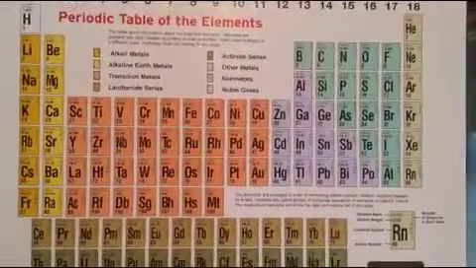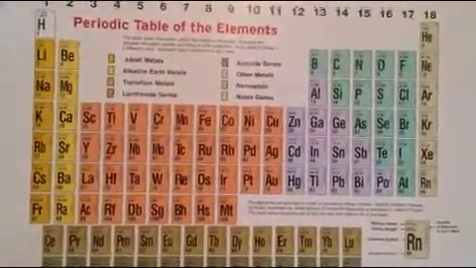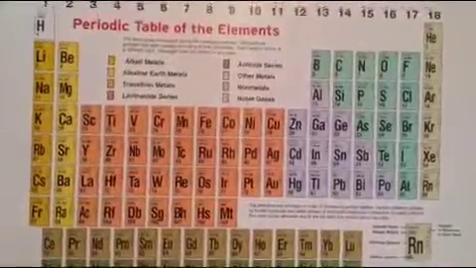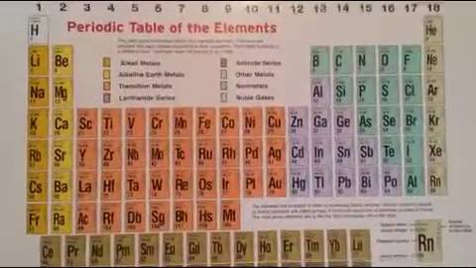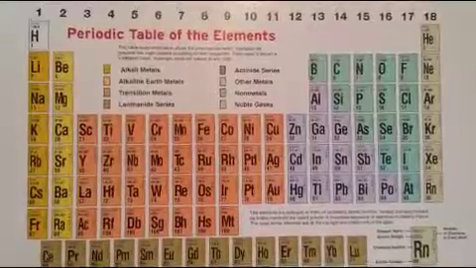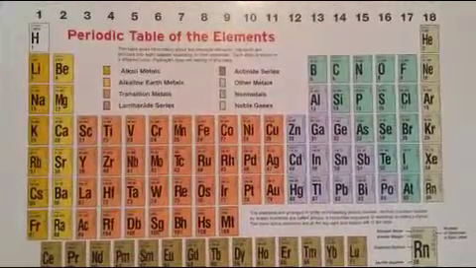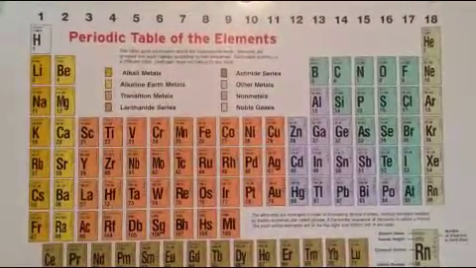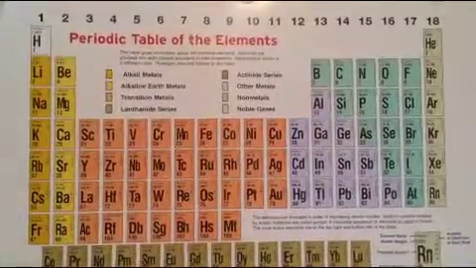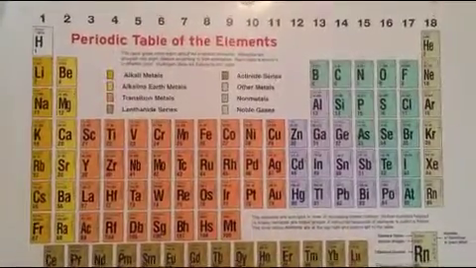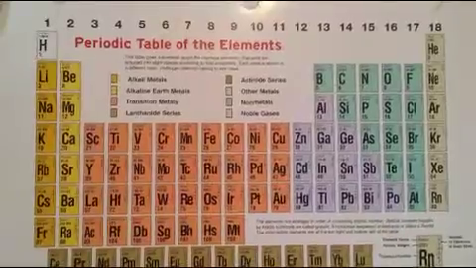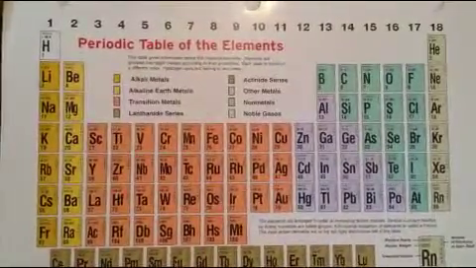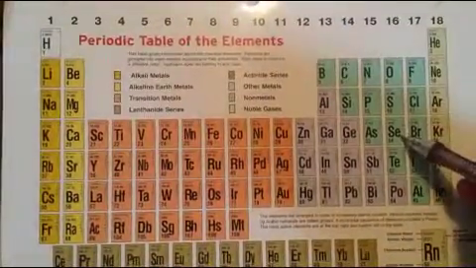Today's question is, which of the elements listed below has the greatest electronegativity? We have A, selenium, B, antimony, C, potassium, D, gallium, and E, iron. First thing you gotta do is locate where all of them are at. So you know that selenium is Se, which is located right here.